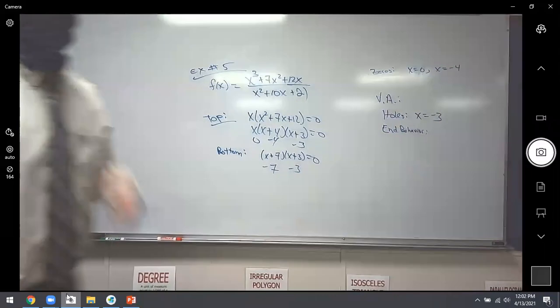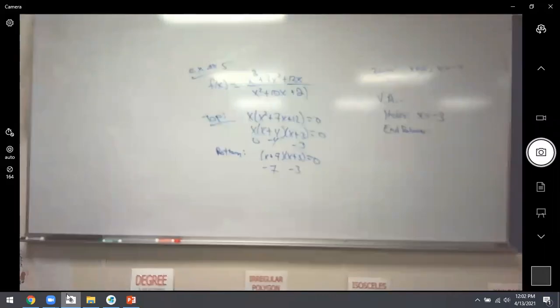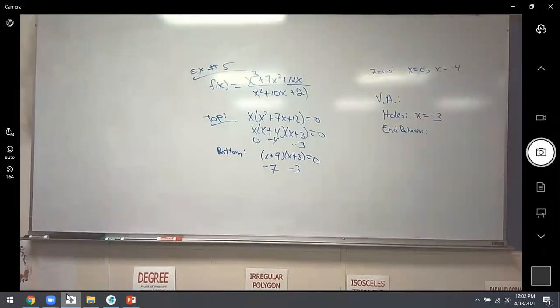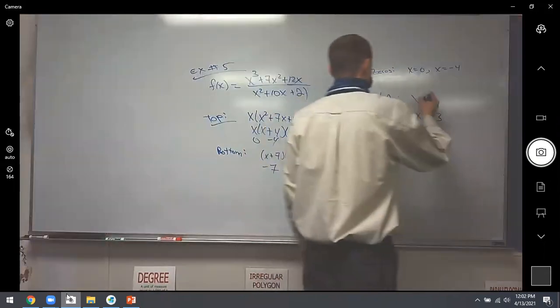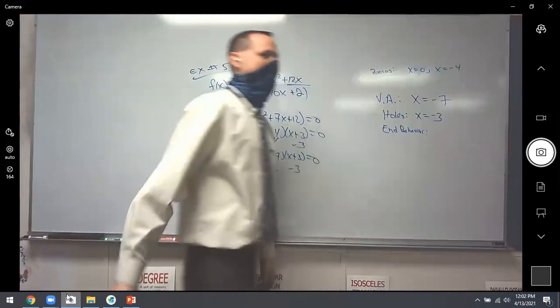It's not -3 because that makes the top and bottom 0. Am I hitting that point hard enough? Okay. Vertical asymptotes happen when only the bottom is 0. I only see one number that makes just the bottom 0, -7. Would you agree? So my vertical asymptote is at -7.